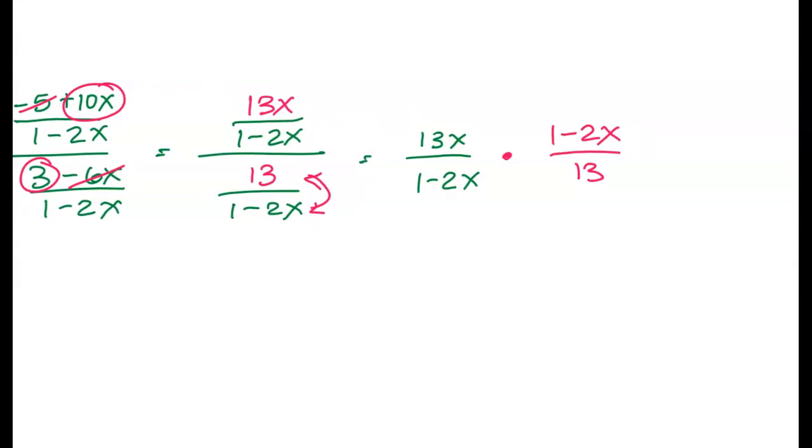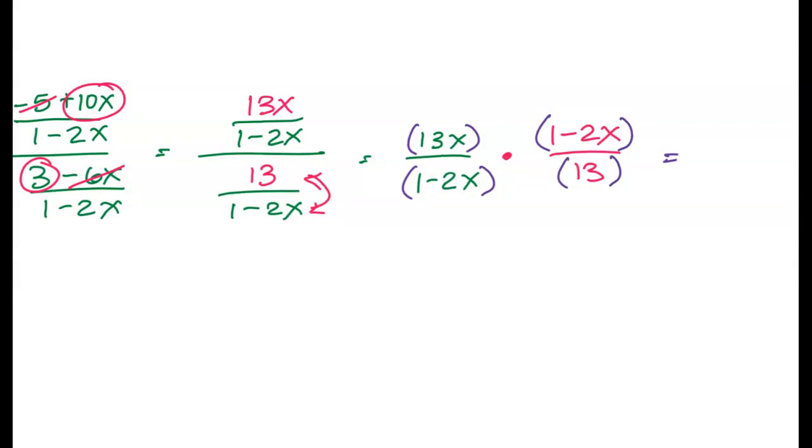And what do you notice? These are now 13x times 1 minus 2x and 1 minus 2x times 13. We now have multiplication of terms in the numerator and denominator.